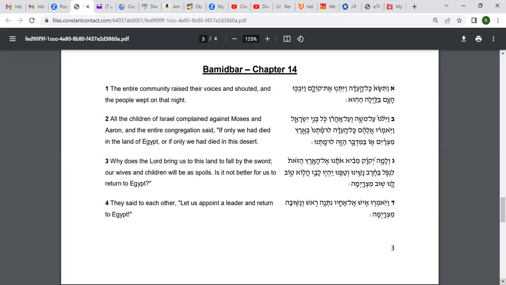The entire community raised their voices and they shouted and cried out that night. They're weeping that night. They complain against Moshe and Aaron, Kol Bnei Yisrael, the entire Jewish people. They say, we would have been better off if we died in Egypt, or even if we died in the wilderness.